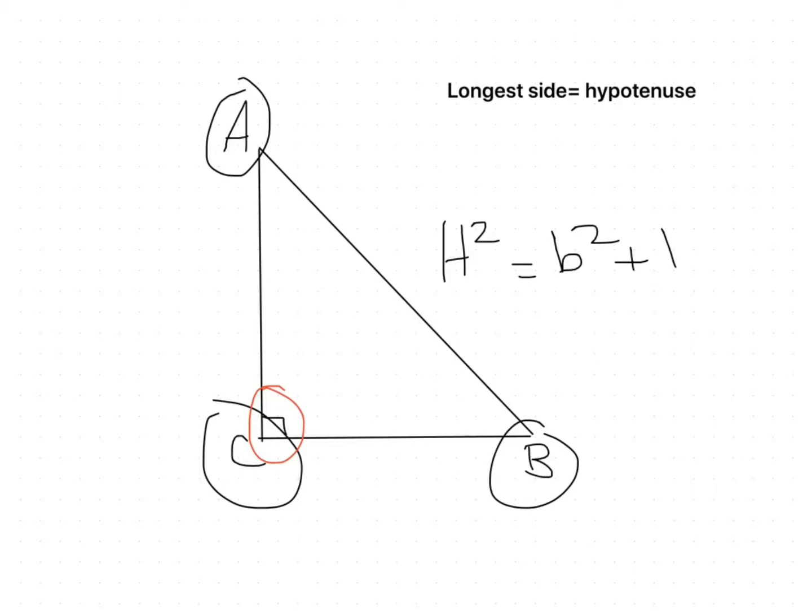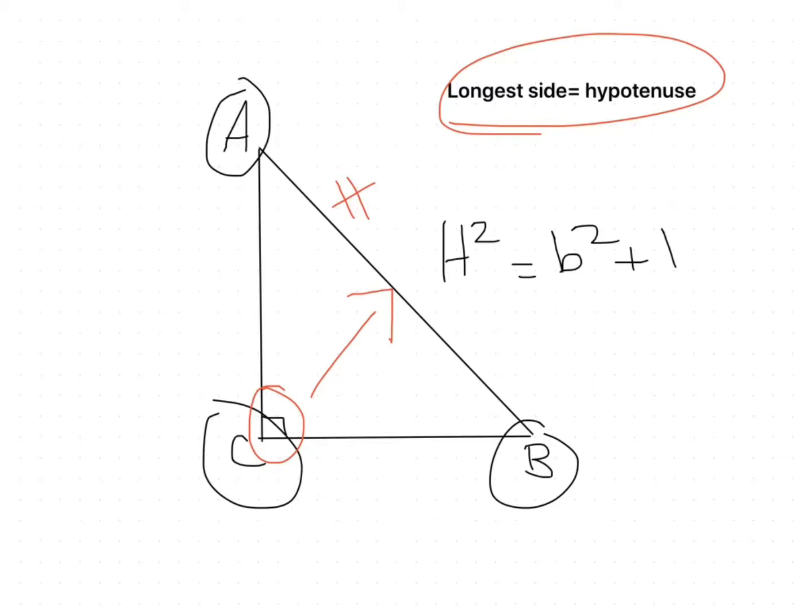The side opposite to C is AB. The side opposite to a 90 degree angle is called the hypotenuse, and the hypotenuse is the longest side of the triangle.